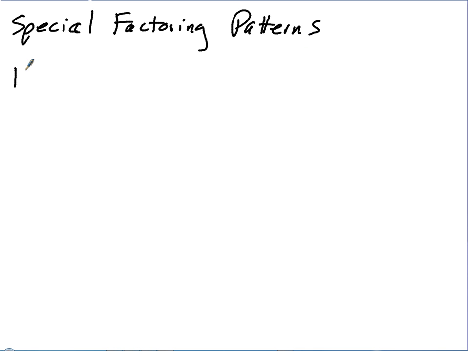Now there's only one that you really have to know. Special factoring patterns. The one that I really want you to be familiar with that's very useful is difference of squares.